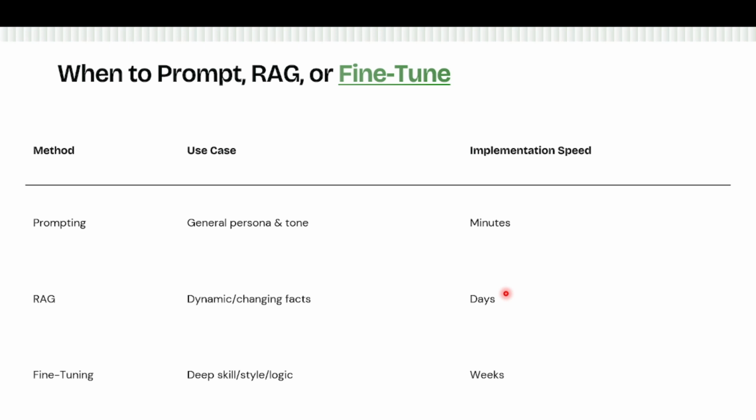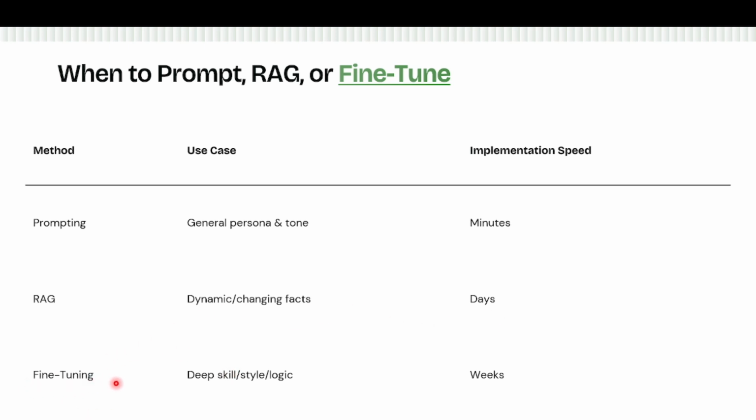Implementation can take longer, because you can do a prompt in 30 minutes and then build your agent. But to develop your RAG database, you have to determine all your sources of data, ingest and process them, chunk, index, and embed them, and store them in a vector database. Then you need to design an API or MCP that will connect to the RAG database to retrieve information. So this can take a while.